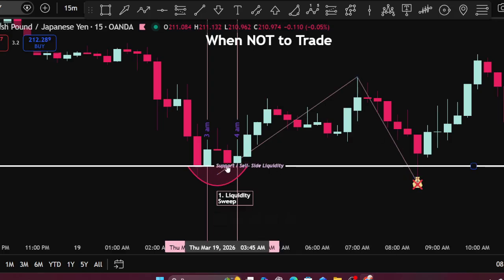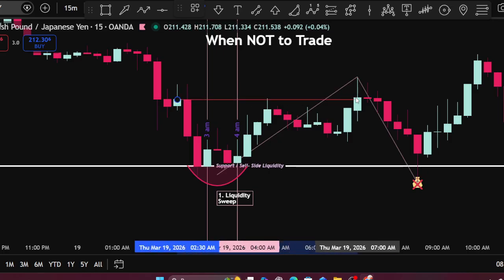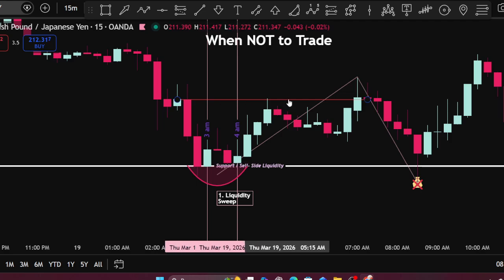And that's if I would have classified this little push up, even all the way over here, because technically it did close above our last bullish candle. So we really technically had to change direction. That's just if I would have tried to hurry up and get in the market. I would have lost money.